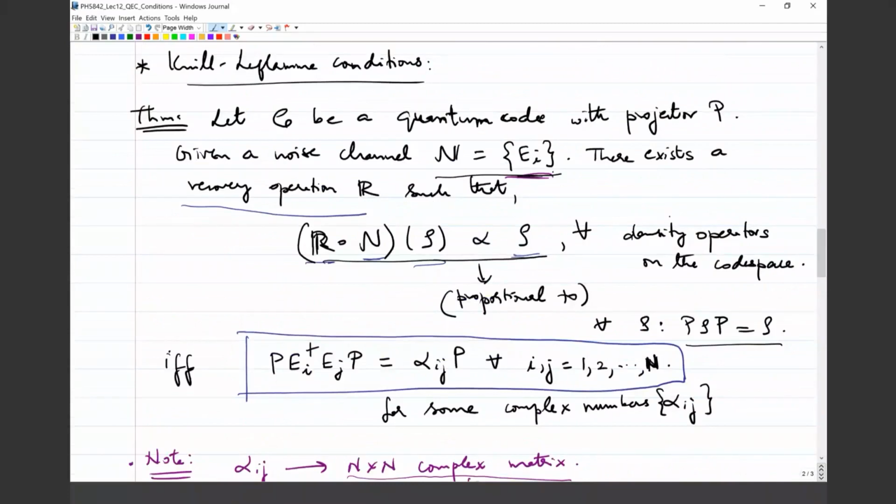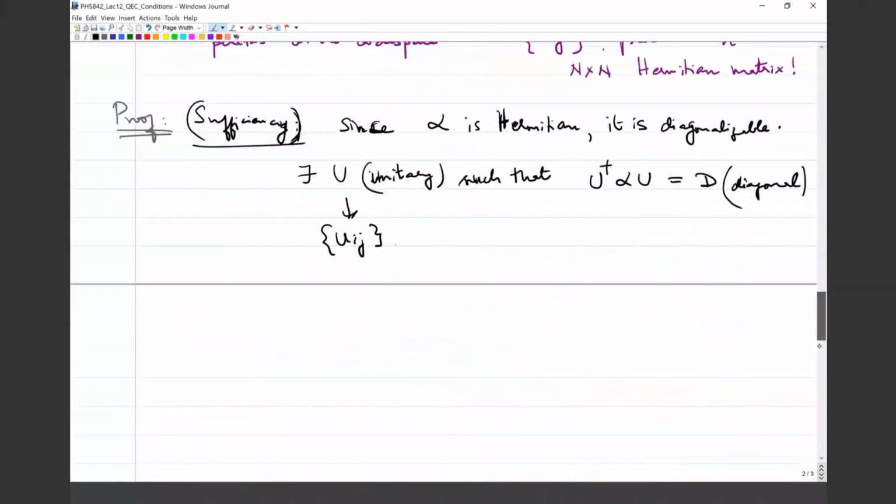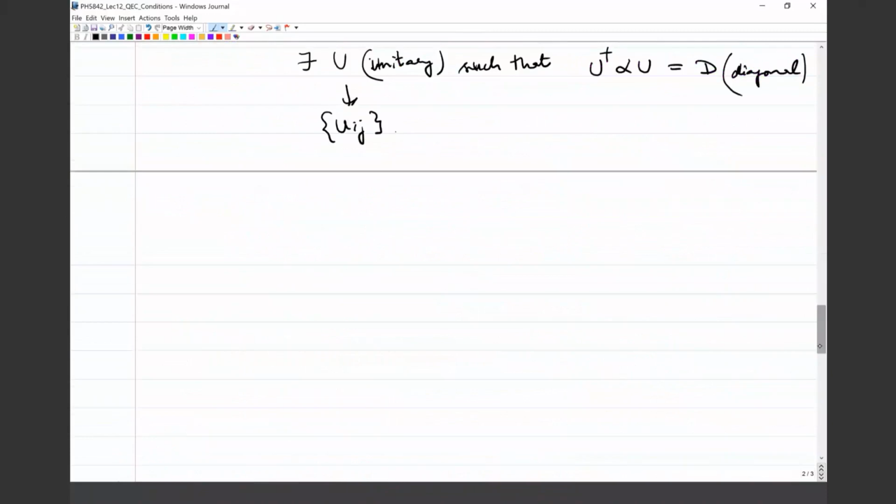You can modify this Krauss decomposition provided you combine these Krauss operators with appropriate unitary coefficients, right? If I take linear combinations of these Krauss operators with unitary coefficients, then what I get is another Krauss representation for the same noise channel. So we're going to use this unitary to do that, right?